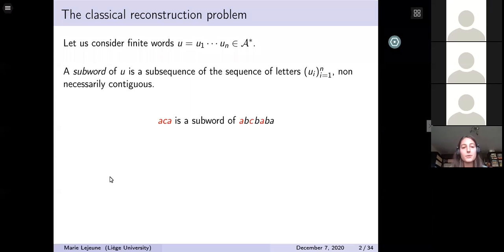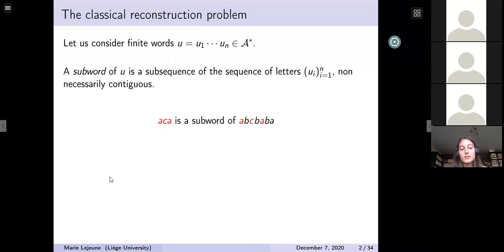So let us start with some background. We are going to consider finite words, which are just finite sequences of elements called letters that come from a finite set called the alphabet, denoted by the letter A. And we're going to consider subwords, which are subsequences of a sequence of letters building a word.